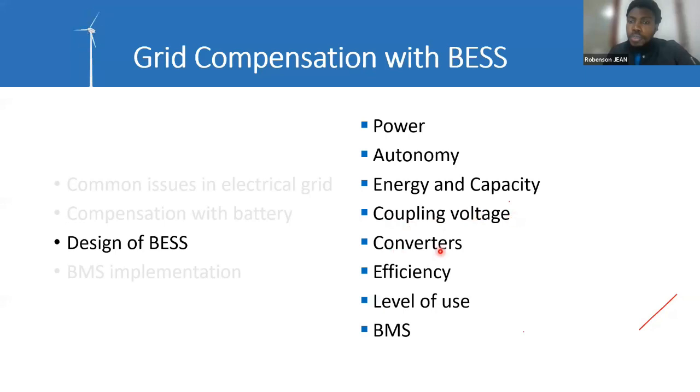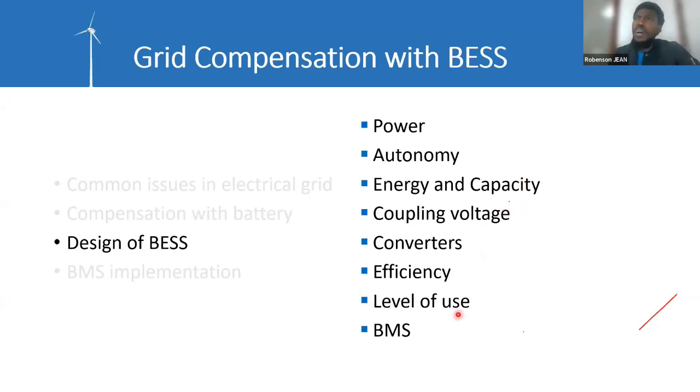Then we have the converters. The converters are not ideal converters. Therefore, there are switching losses. And due to the switching losses, we have an efficiency that is below 100%. For instance, it can be around 95%. So this will affect the capacity.